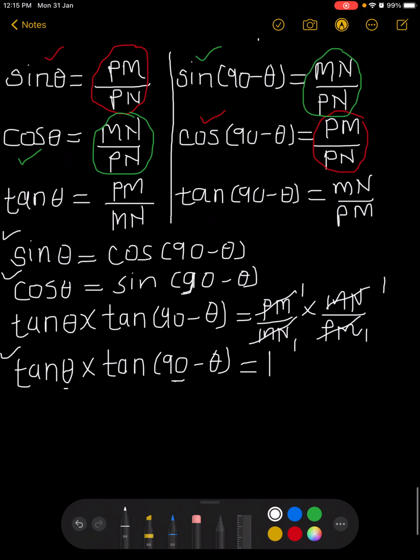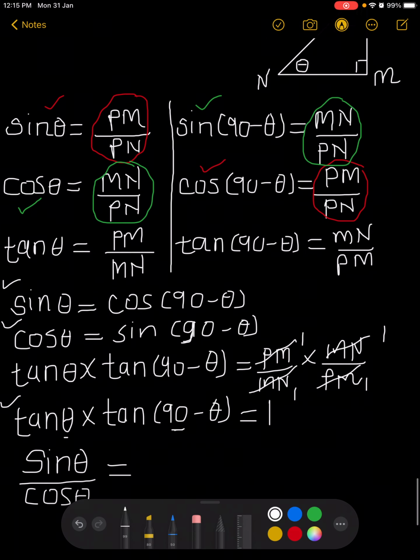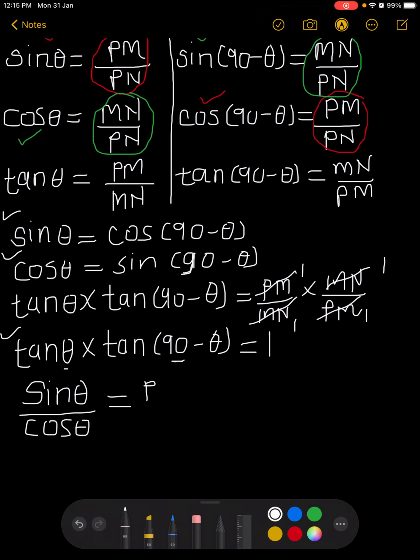Now I want to give you one more important formula, or relation, for sine, cos and tan. Let us divide, for theta measure, the ratios sine theta and cos theta. Sine theta is PM upon PN. This is ratio number 1 for sine theta. And for cos theta we have MN upon PN.